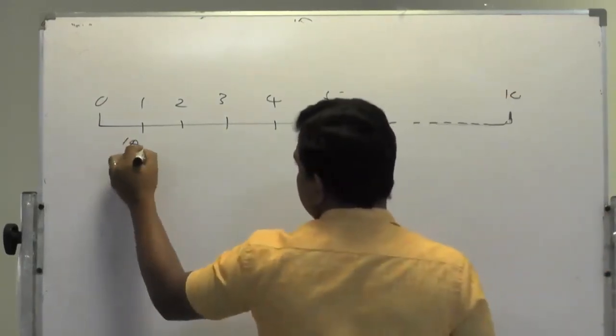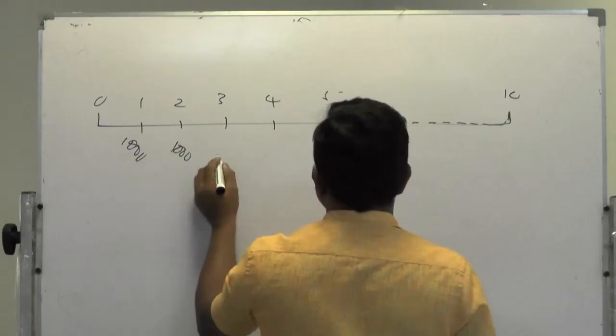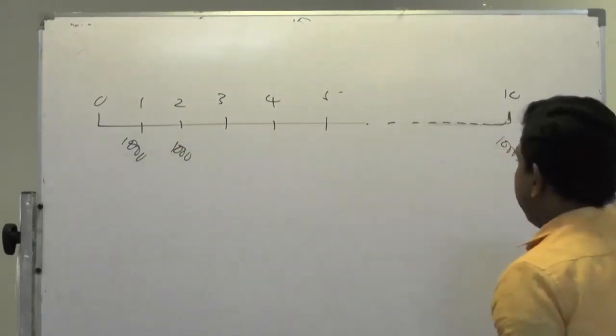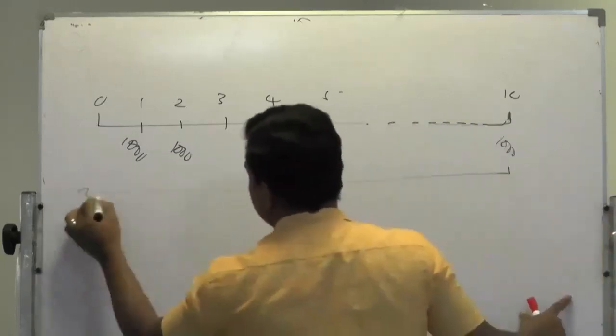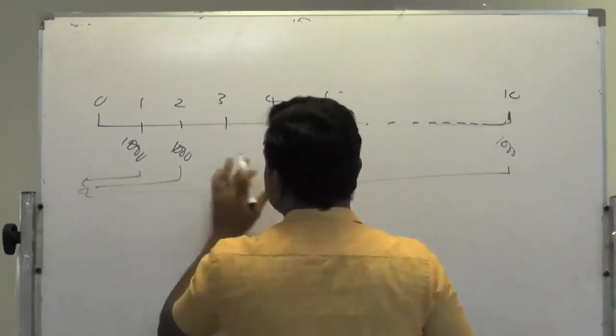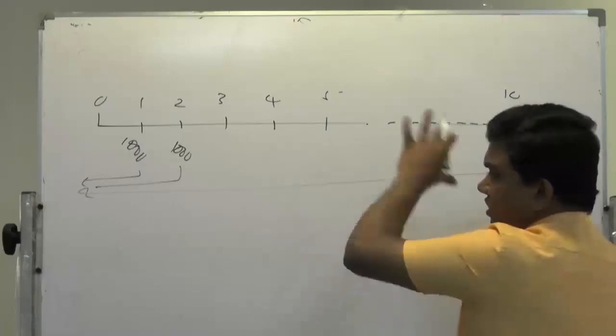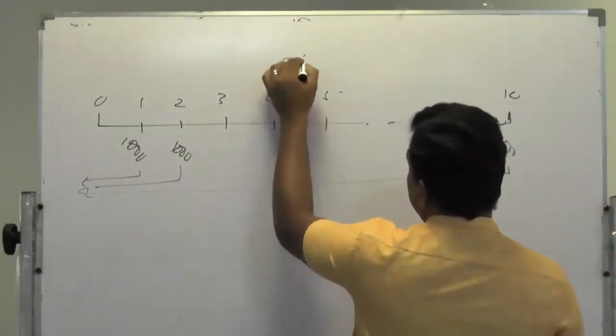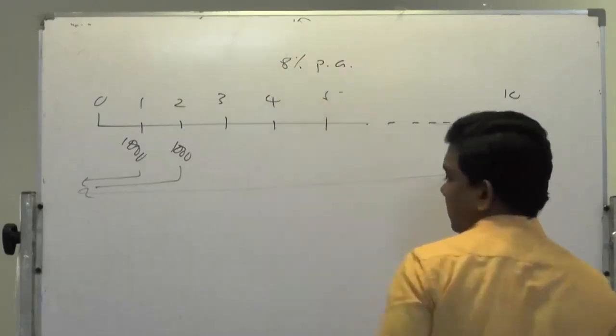Every year you will receive 1000. They are asking what is the present value of all these amounts received over 10 years. The rate should be 8% per annum.